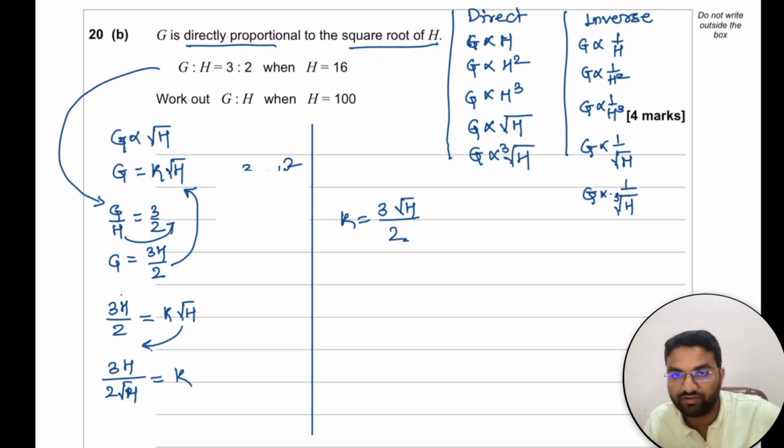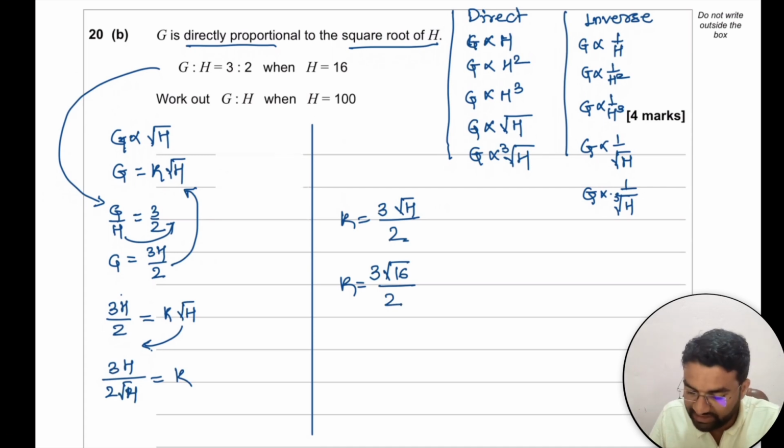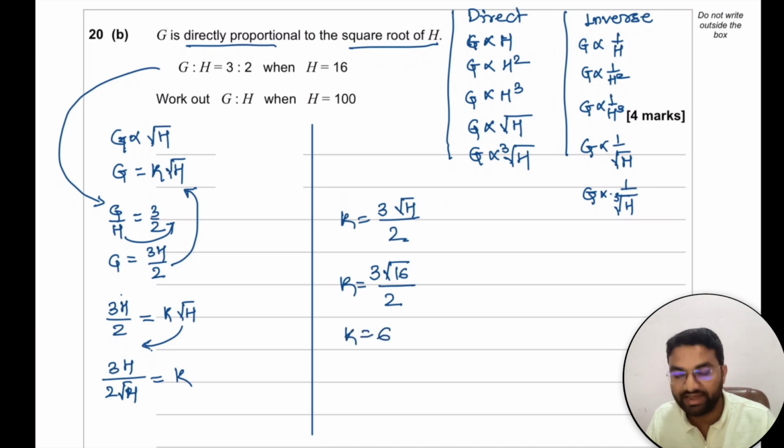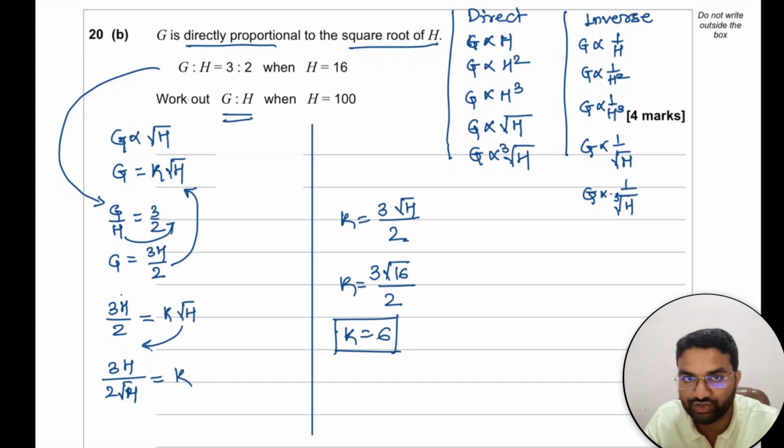From this we will get the value of K. So K is equal to 3 square root of H, H is 16, divided by 2. The square root of 16 is 4. 4 times 3 is 12, and 12 divided by 2 is 6. So the K value we get is 6, and we have to use this K value to find the G over H ratio.